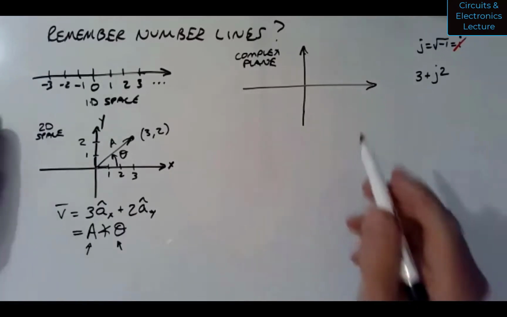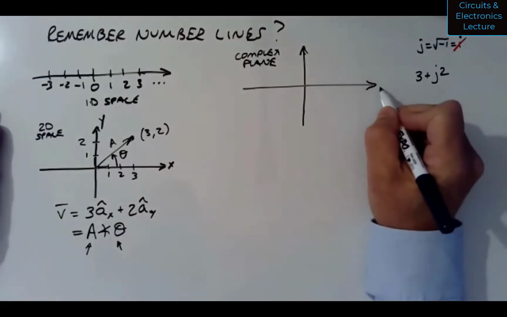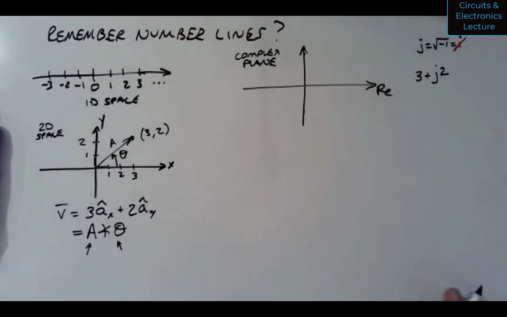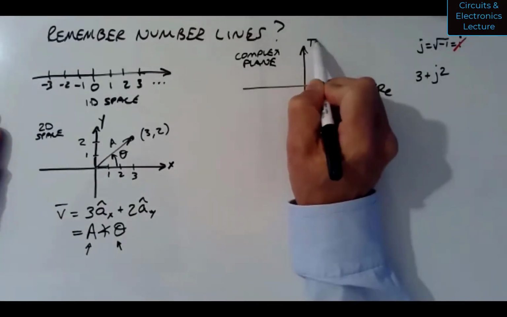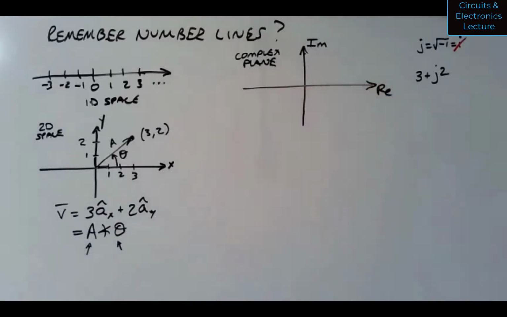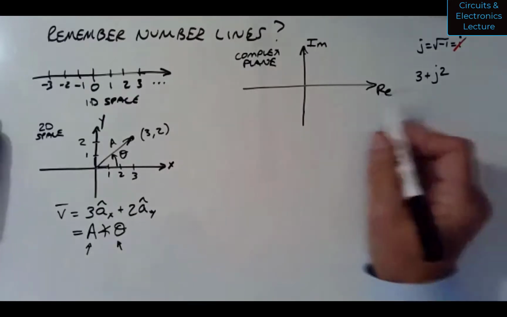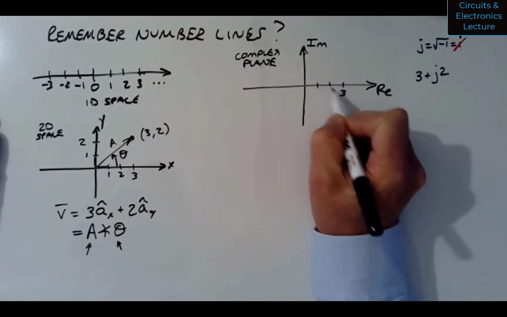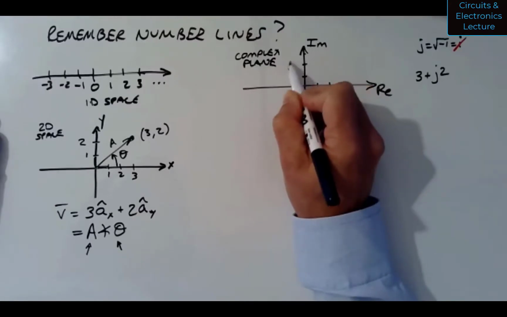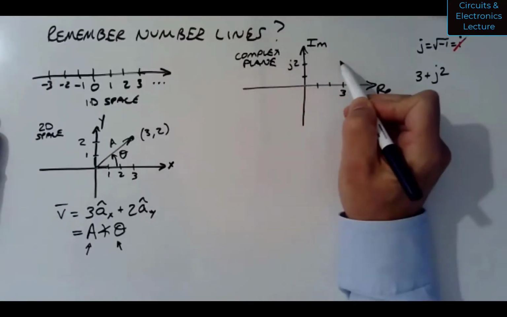All right, so a complex plane does this for you. It lets you plot real numbers on the horizontal axis and imaginary numbers on the vertical axis. So for example, this 3 plus J2, 1, 2, 3, 1, 2, would be that location right there.